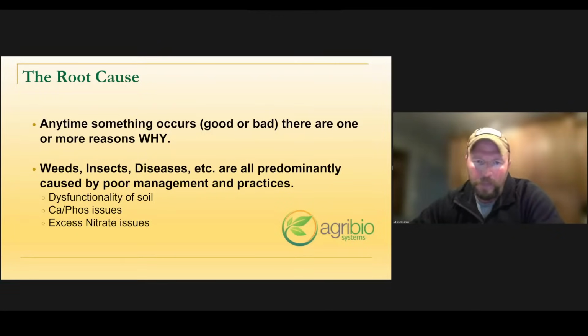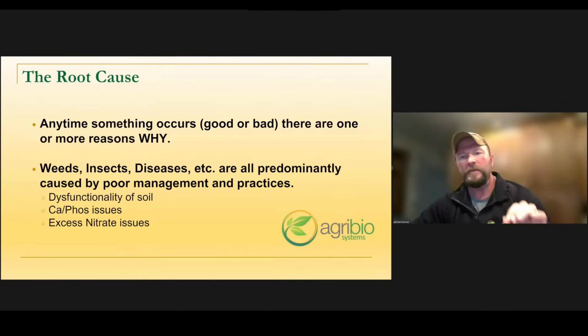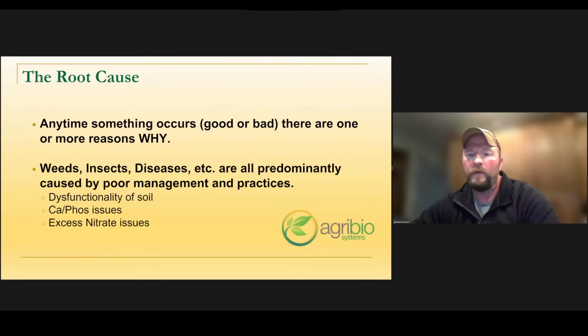A lot of our diseases, a lot of our weeds are also caused by deficiencies and dysfunctionality of both calcium and phosphorus. It's not just those two, but in terms of weeds and diseases that show up in our fields, those are two of the big ones. How many times in looking at a soil test is our calcium level sufficient? How many times is our phosphorus level sufficient? How often do we constantly, in conventional methods and management, apply phosphorus and calcium to soils annually?